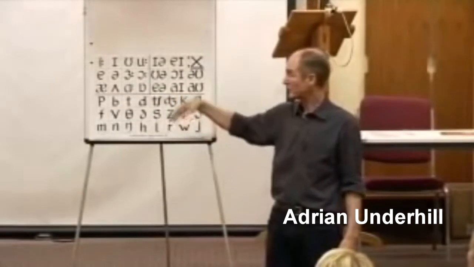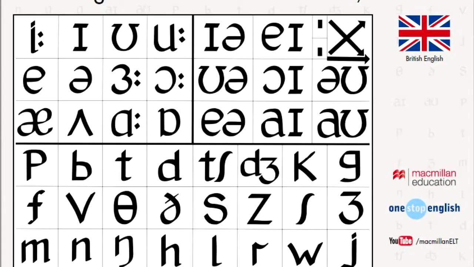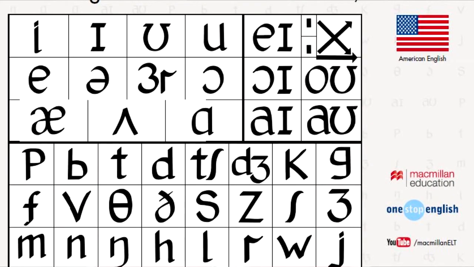Adrian Underhill put all the 44 sounds of English together in 3 quadrants. His chart is the most famous one because it is the most logical one as well, and it makes it very easy for teachers and students to understand how the sounds are organized, no matter if you're using the British version or the American version.